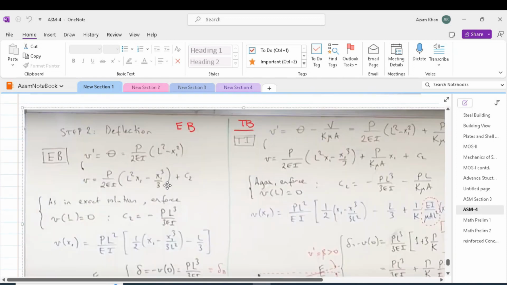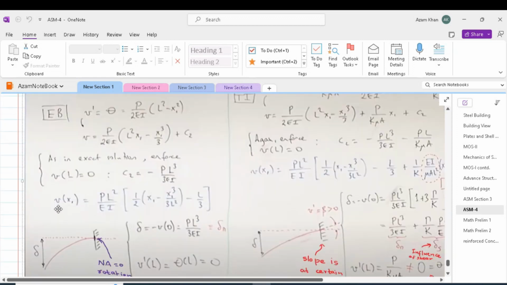Now we can impose another condition, which is that the displacement at x1 equal to L is equal to 0, and that will give us C2 equal to minus PL cube over 3EI. And from there, we will get the equation of our elastic curve, which would be PL square over EI, big bracket, half, small bracket, x1 minus x1 cube over 3L square, minus L by 3, big bracket close.